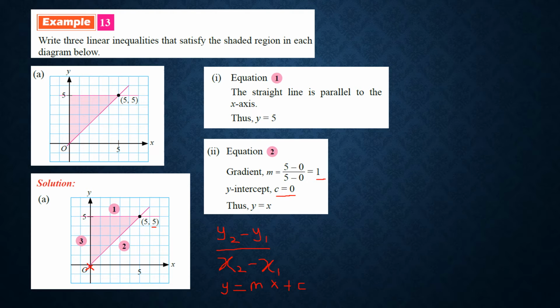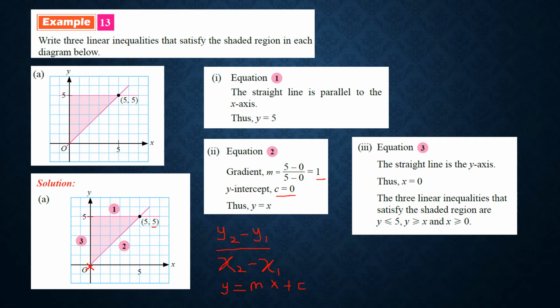So then the next line, equation 3, the straight line is the y-axis. This equation 3 here is the y-axis, which means x equals 0. So the three linear inequalities that satisfy the region: for number 1, it is going down, that's why y is less than or equal to 5.